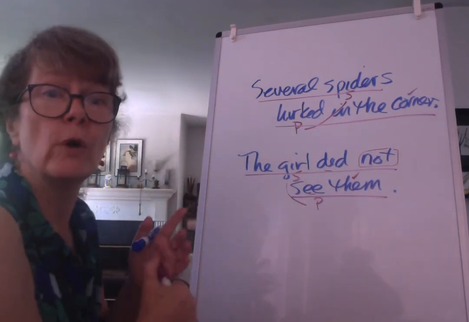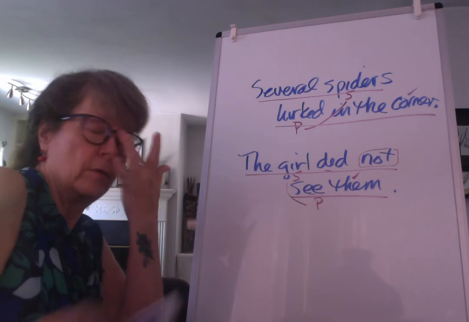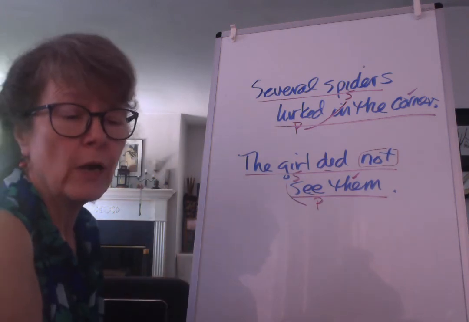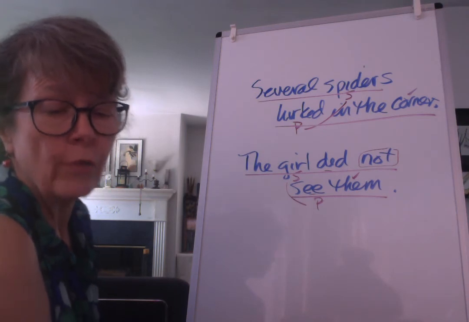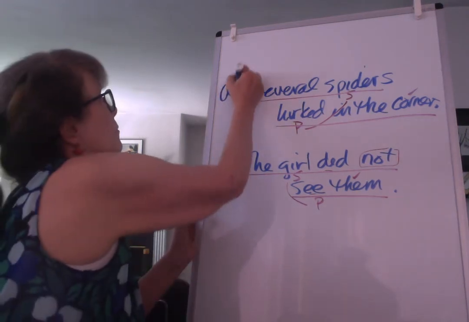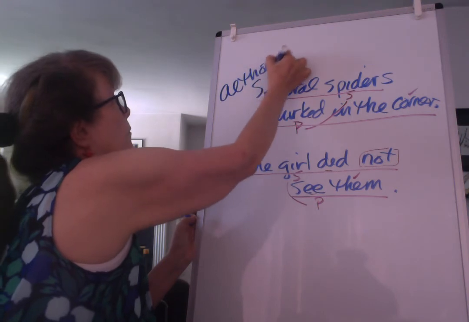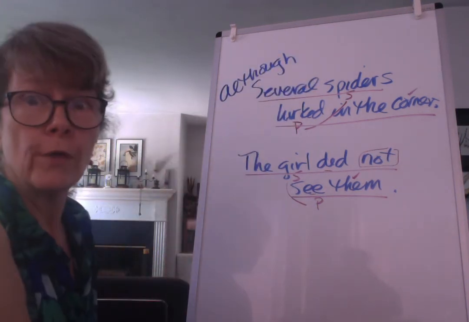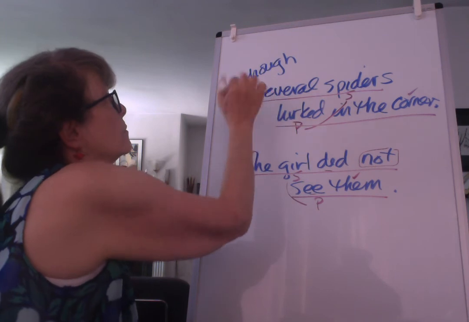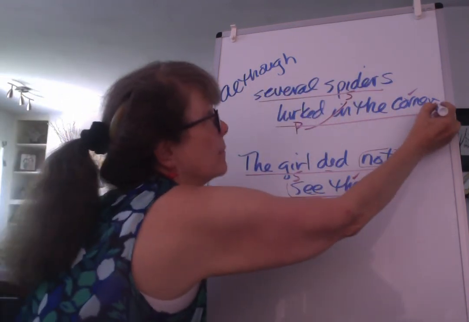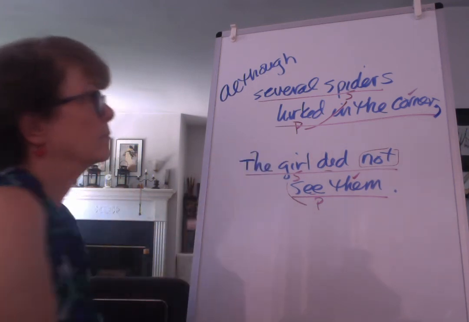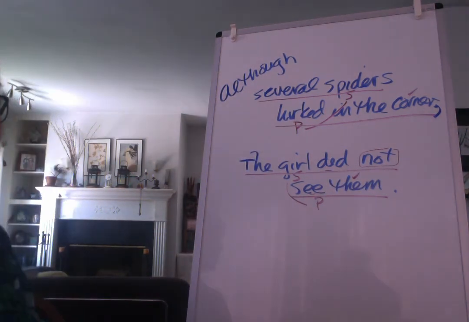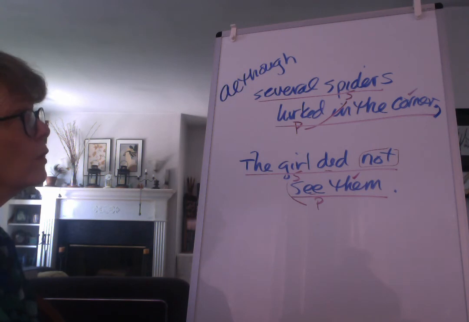So if we want to join these two main clauses together, we can use a subordinating conjunction. Okay? If I say, although several spiders, make this lowercase, make this a comma, make this lowercase, right? Although several spiders lurked in the corner, the girl did not see them.